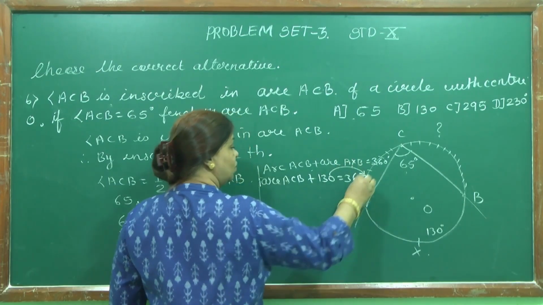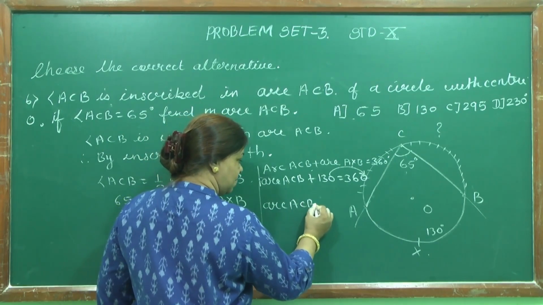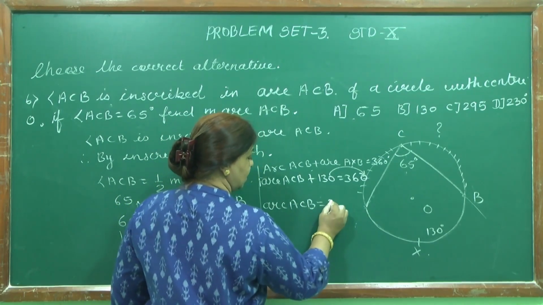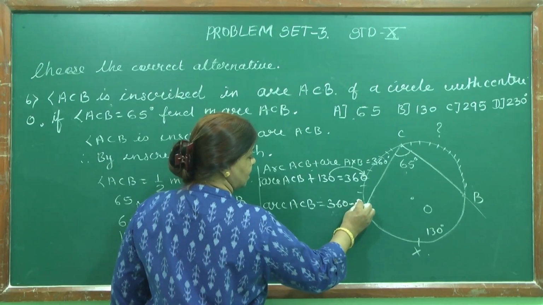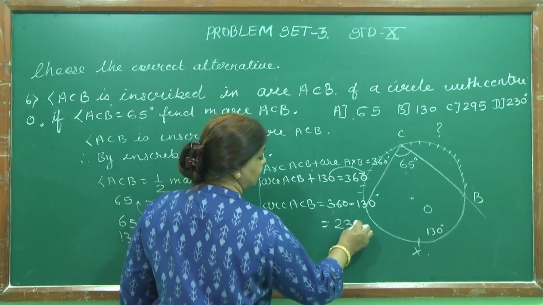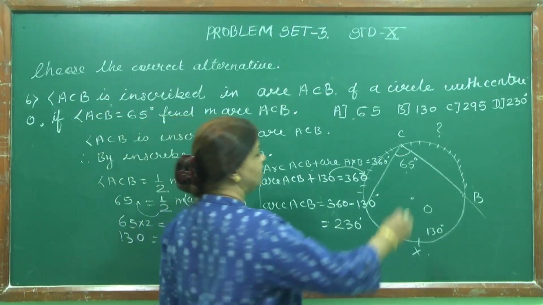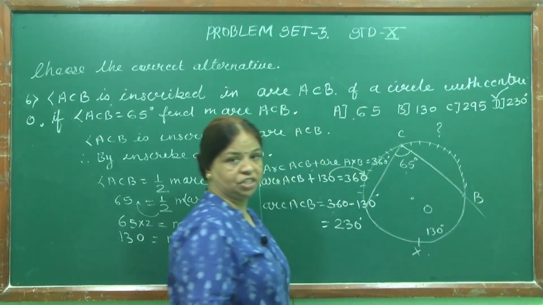Now 130 will go here. Arc ACB is equal to 360 minus 130, which is equal to 230 degrees. So the measure of arc ACB is 230. So the correct option is option D.